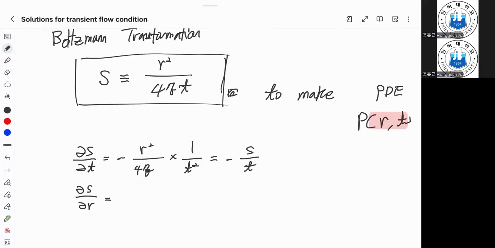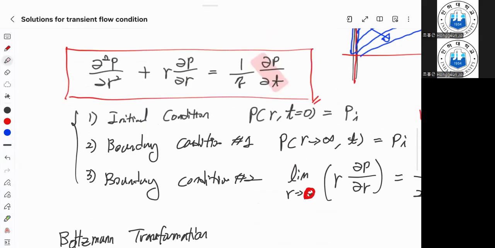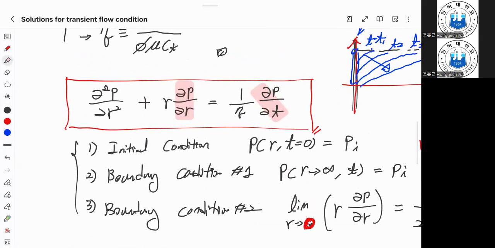If we take the derivative here, it becomes 2r over 4 eta t, which is equal to 2s over r. That's it. So by having these two, we can replace this one as well. Now we need this one.